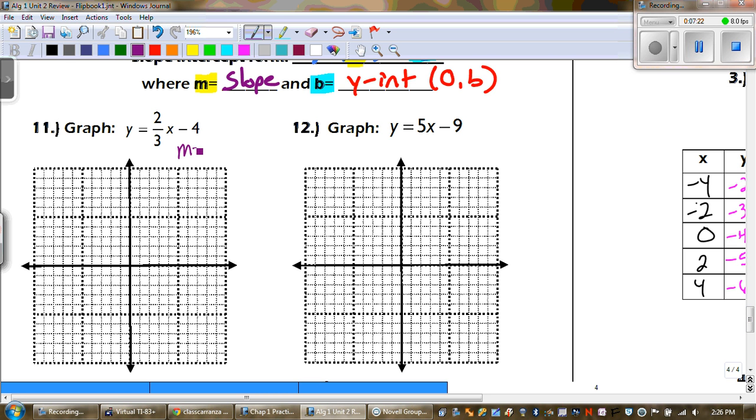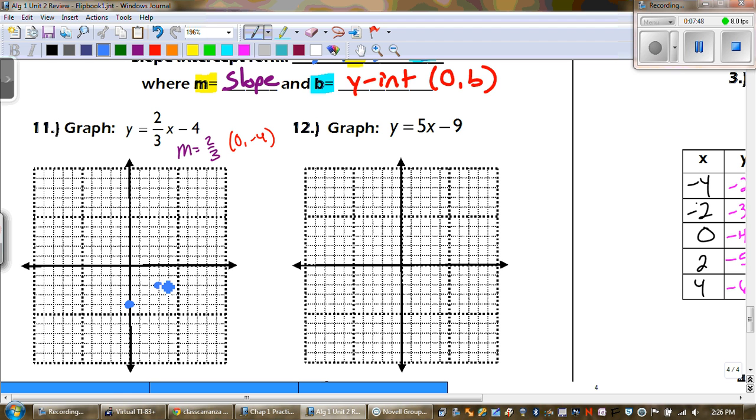my slope, my movement is 2 over 3, and my y-intercept is 0, -4. And remember, I'm just stealing that information. That's where we get it from. Okay? So 0, -4 is where we begin. That's why it's called the B. And then I follow the M, which is my movement.